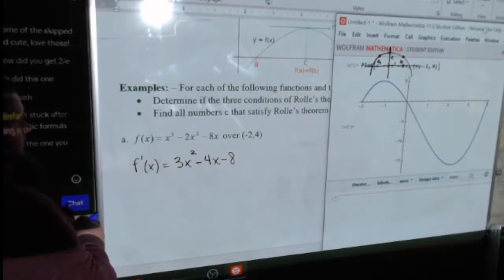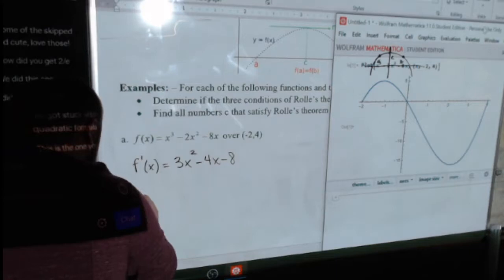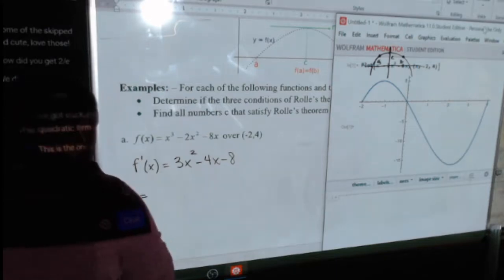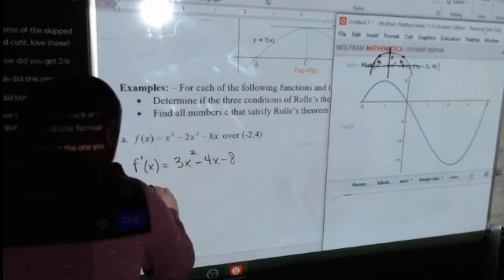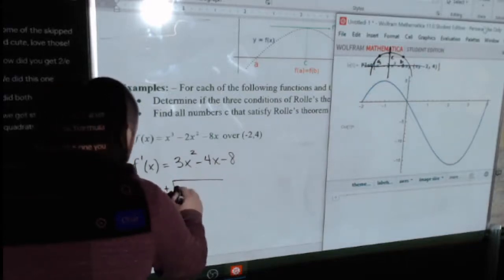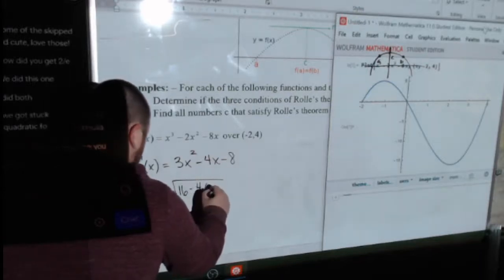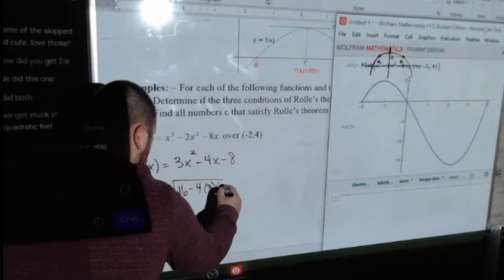So we have this, and first we tried to factor, and then that didn't work, so we went to the quadratic formula, right? So that's opposite of b plus or minus the square root of b squared minus 4 times a times c.